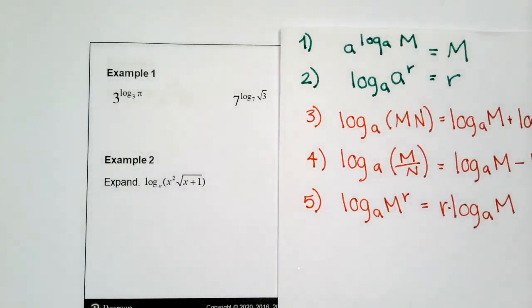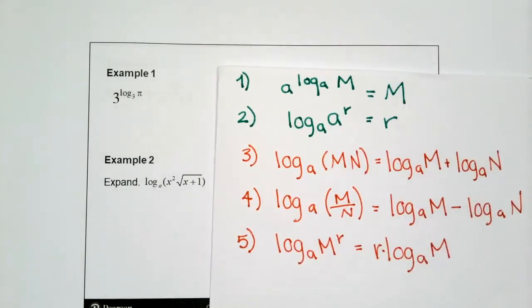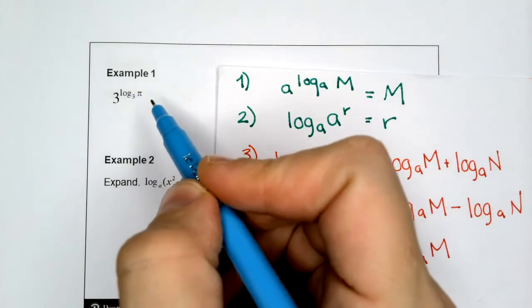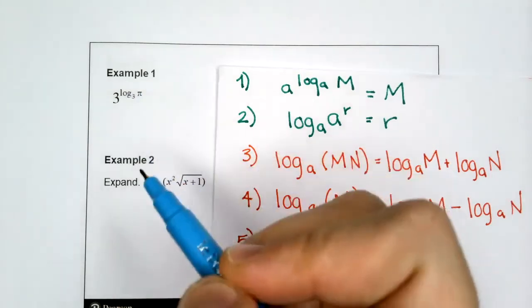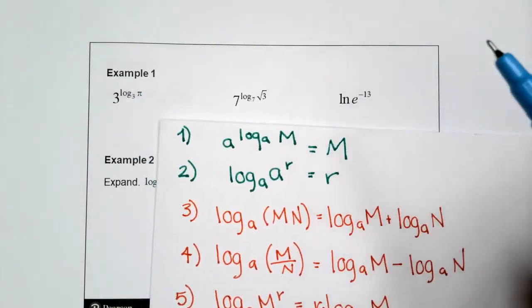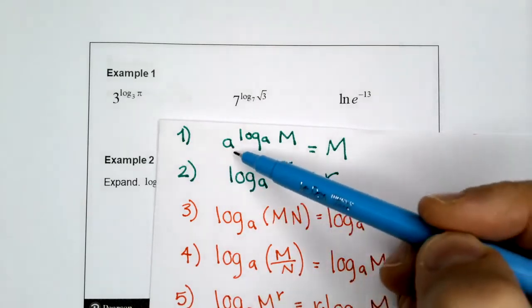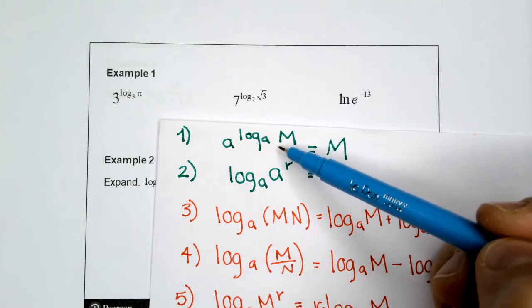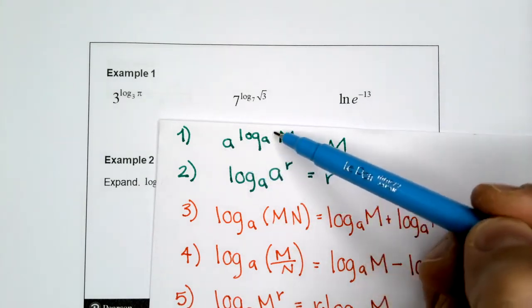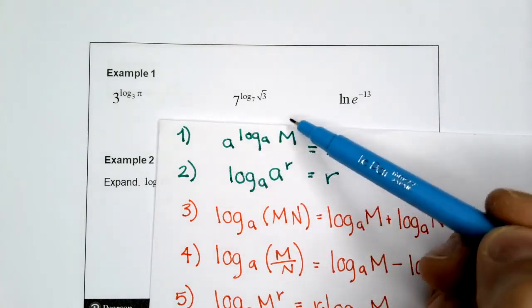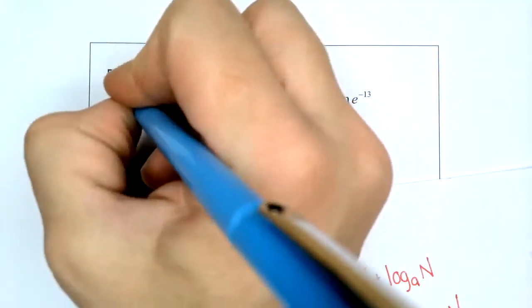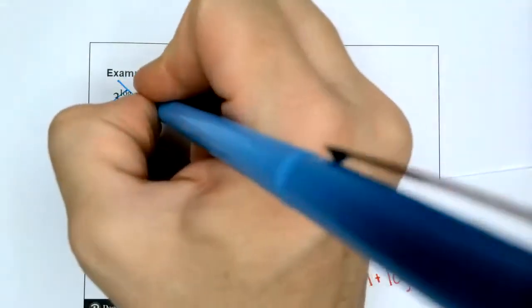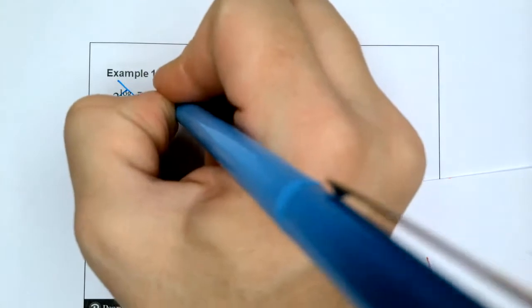So for example 1, the first example in example 1 is 3 raised to the log base 3 of pi. A base being raised to an exponent that happens to have the log of the same base means that a and log a cancel each other out and we're left with m. So 3 and log 3 cancel each other out and we are left with simply pi.